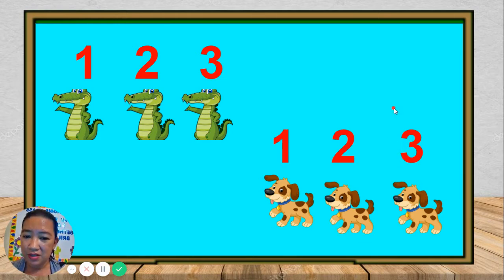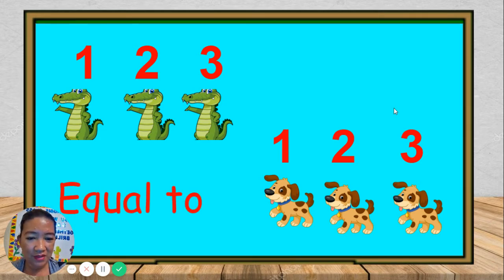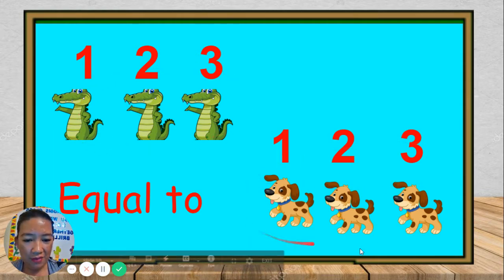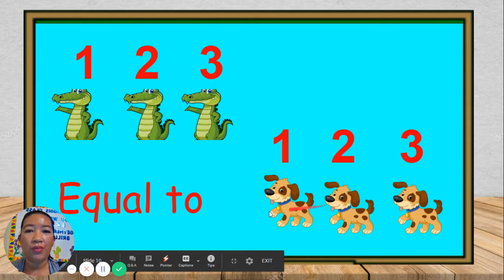So do you think this is equal to? Good job. Yes, because we have 3 alligators and then we have 3 dogs. So we say they are equal to. So 3 alligators is equal to 3 dogs. Good work, everybody.